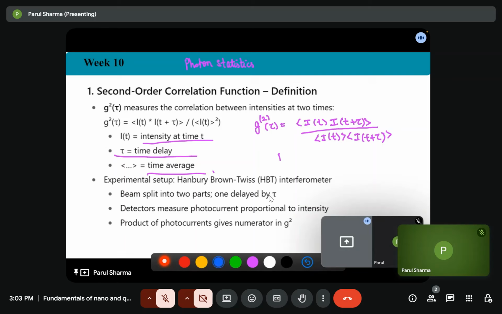So we can define the plot here. On the x-axis it is tau by tau c, and on the y-axis it is G2, with values 1 and 2.